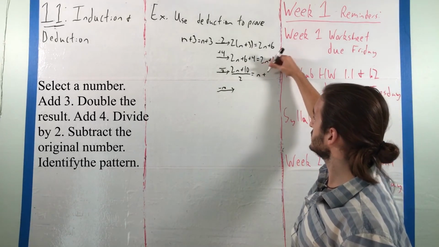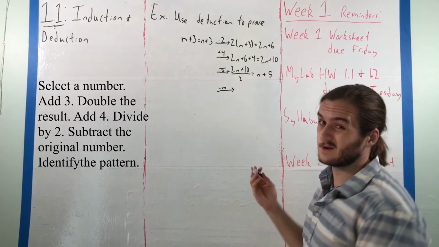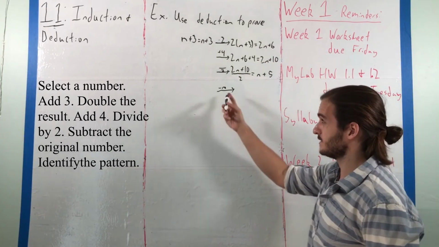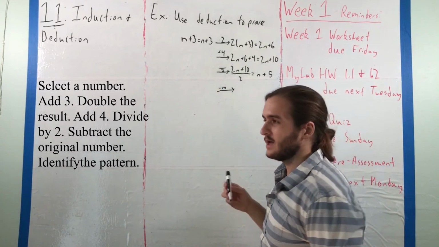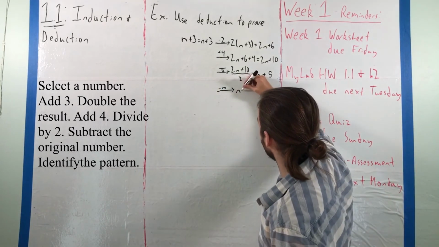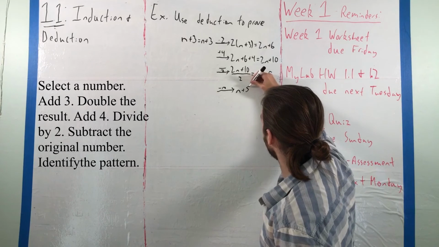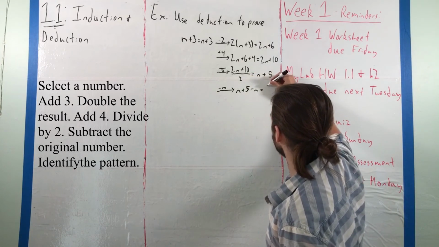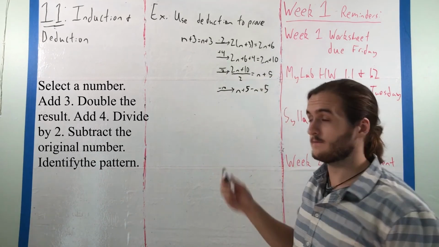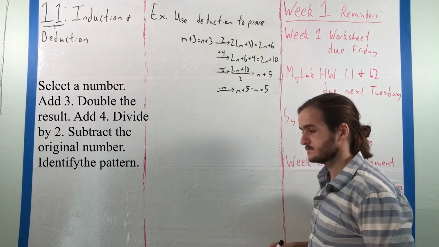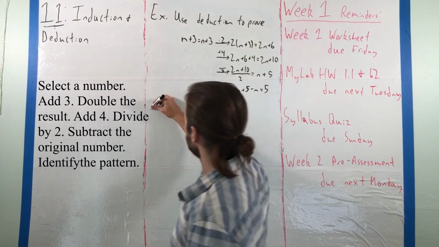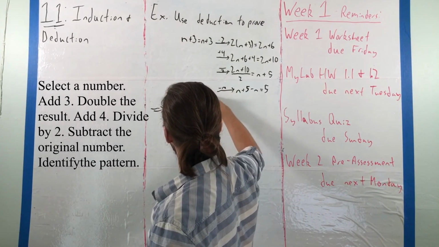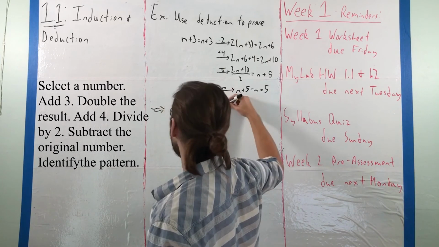Get an n on the first and a 5 on the second, and it looks like we're actually where we want to be. Remember, last step is subtracting n. Here, we started with general n. So we're going to have n plus 5 minus n, which would just leave us with 5. So the pattern is 5.